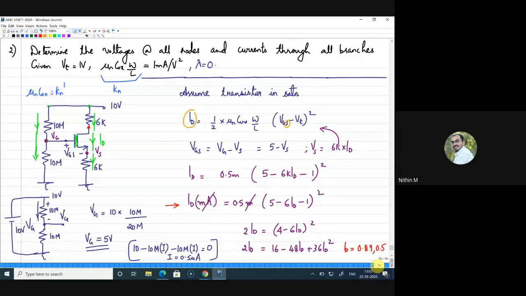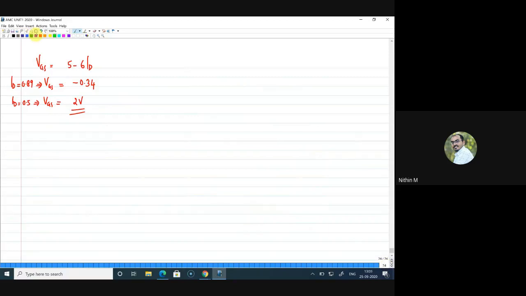The question is to find the drain current and the voltages. I obtained VG, this is done. I got ID, that is done. Then I got VS, that is done. Now I can find VD. How will I get the VD value? VD can be written as the supply voltage, 10, minus 6K into ID.